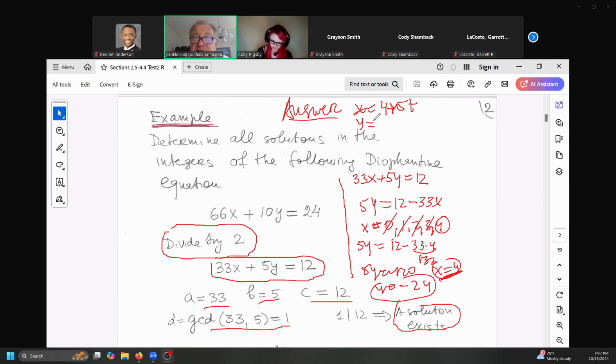And y equals y naught, which is negative 24, minus a times t, and a is 33, so minus 33t. So t equals 0, plus minus 1, plus minus 2 and so on. Okay, let's go to the next page.